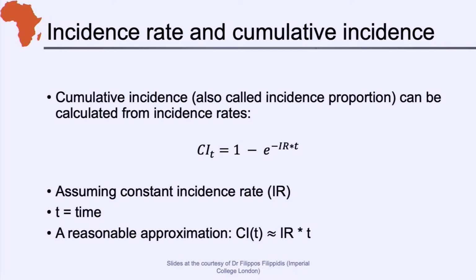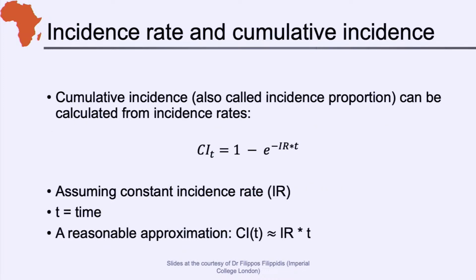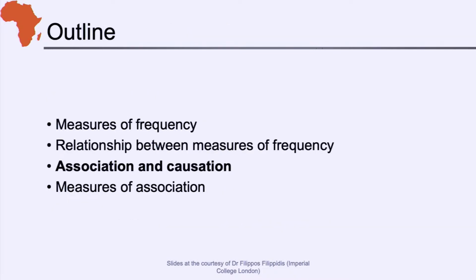Now, this is not so intuitive, but a reasonable approximation is that the cumulative incidence at time t is approximately the incidence rate times t. So the incidence rate times duration. You will get those slides, I think, by the way, so you could look into it again.